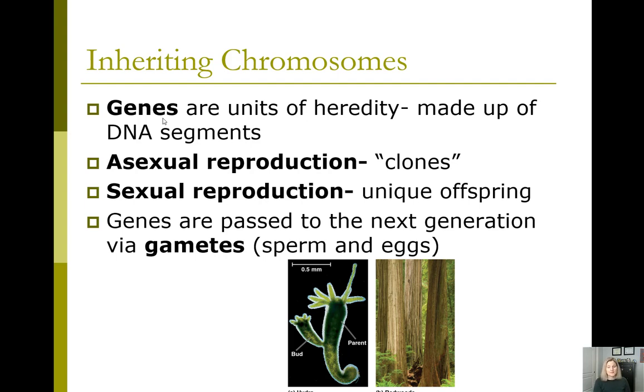Now, if we're taking a look at all organisms, remember, not every organism has two separate parents, okay? So we do have asexual reproduction in some of our organisms. So think of, here, this is a type of animal called a hydra. It's related to jellies or sea anemones.